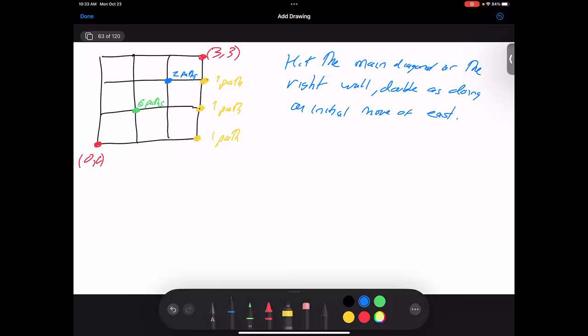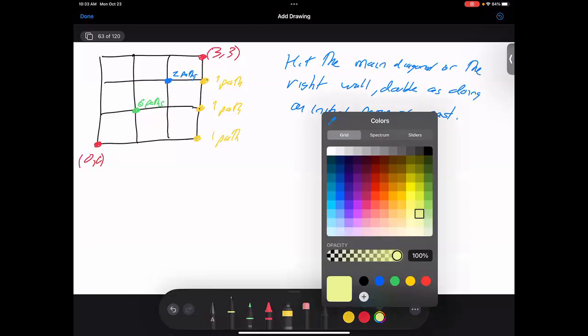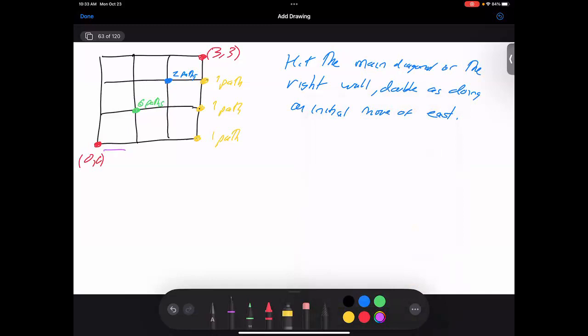Okay, so let's think about what's going on. So I start off on my opening move, and I have to move east. If I now take a north move, how many paths will there be? 6. So east, north leads to 6 paths.